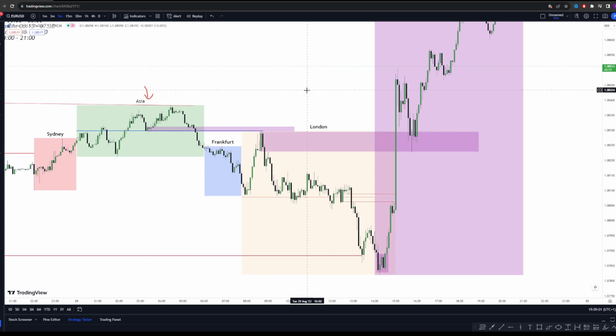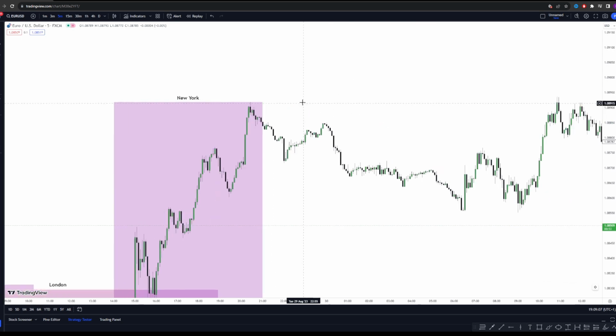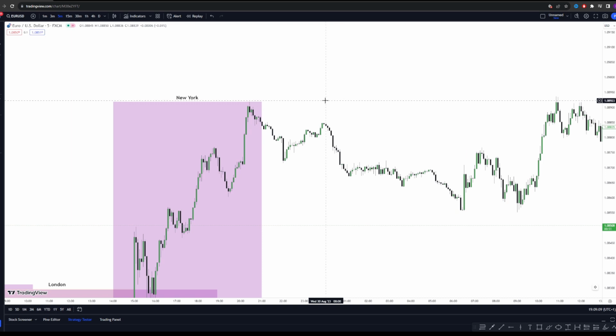Now, the dead hours between 9 p.m., which is when the New York session closes, and the new start of the daily cycle, which would be 12, is high frequency trading taking place, which is to say that they're all fighting with each other, trying to make some money with these tiny movements.